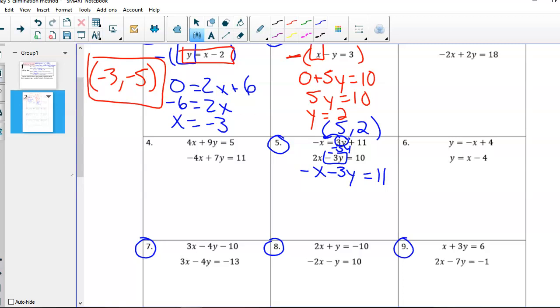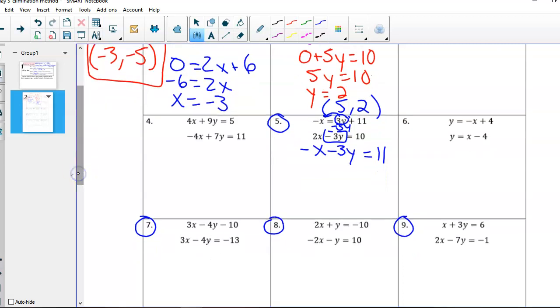Okay. So now when we solve this, it's going to be different than how we started. If I added these two together, negative 3 plus a negative, or just negative 3 minus 3, would they cancel? No. Negative 3 minus 3 would be negative 6.